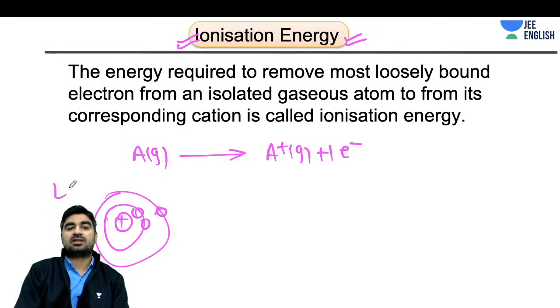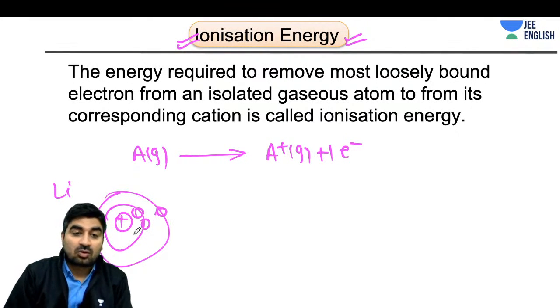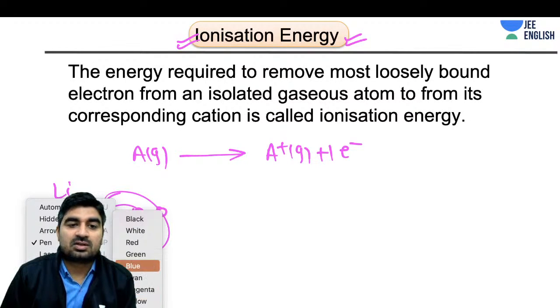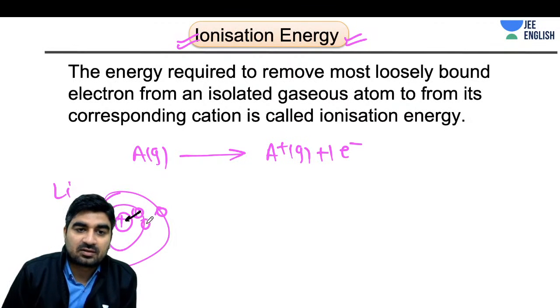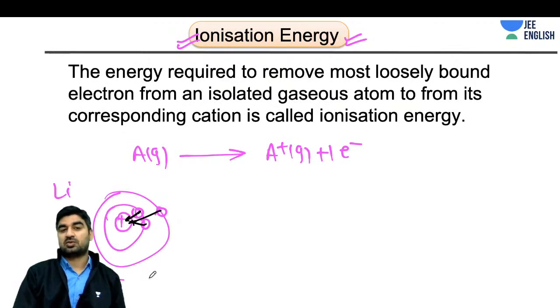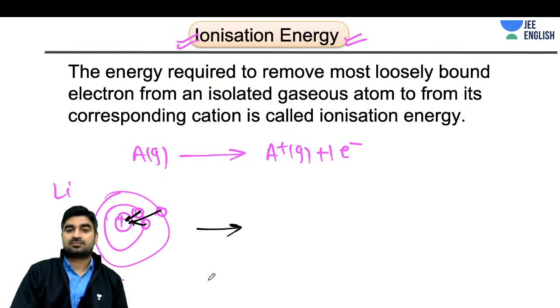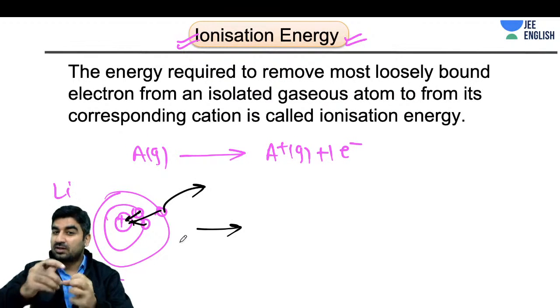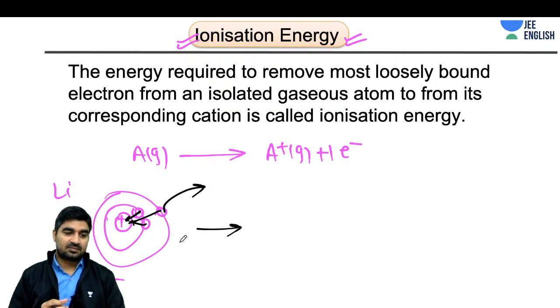If it is lithium, it is having 3 electrons and 3 protons. All these electrons are attracted towards nucleus. And if these are attracted towards nucleus, what will happen? I want to remove it. So I have to work against this attraction.